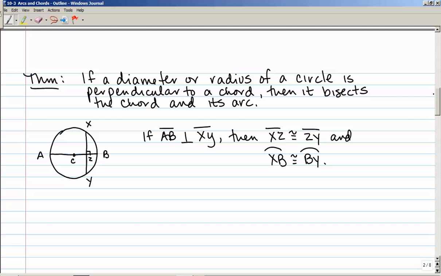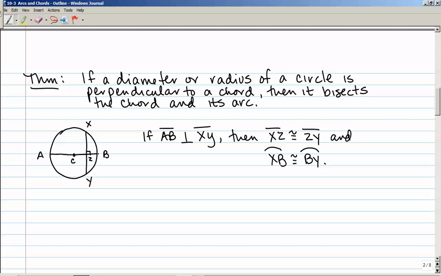Here's another theorem. If a diameter or a radius of a circle is perpendicular to a chord, then it bisects the chord and its arc. So for example, if AB, which is a diameter, is perpendicular to XY, which is a chord, and it is indeed perpendicular because I have the little right angle symbol in there, then XZ is congruent to ZY, and arc XB is congruent to arc BY.